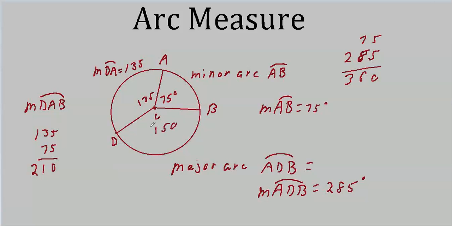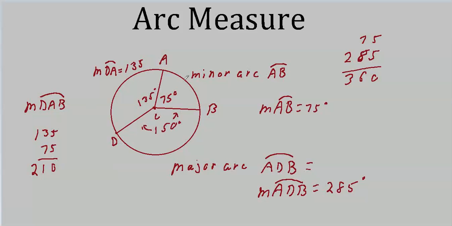In here, the measure. And I should put degrees on there. 150 degrees, 135 degrees. This whole thing is what's left over, which is 210, but it also happens to be the sum of these two arcs. And that's our arc addition postulate.